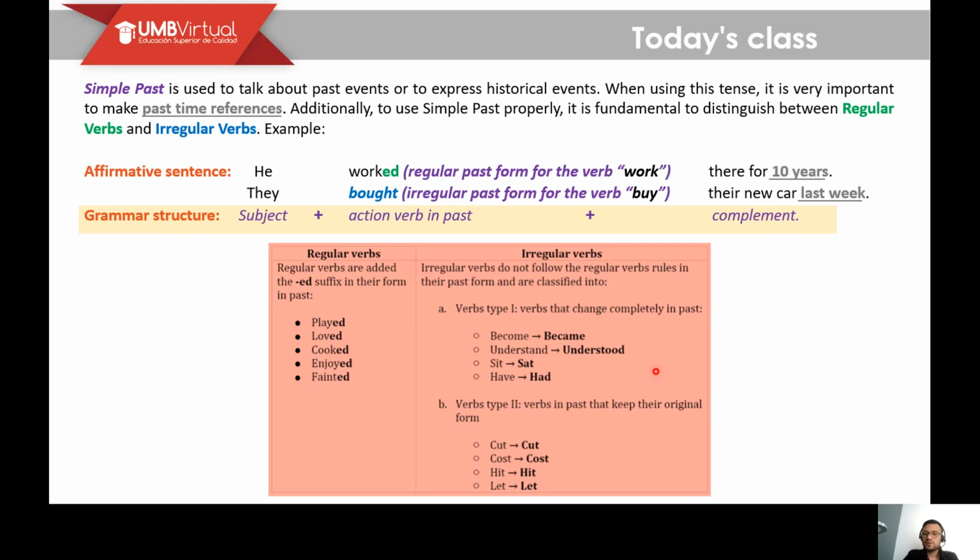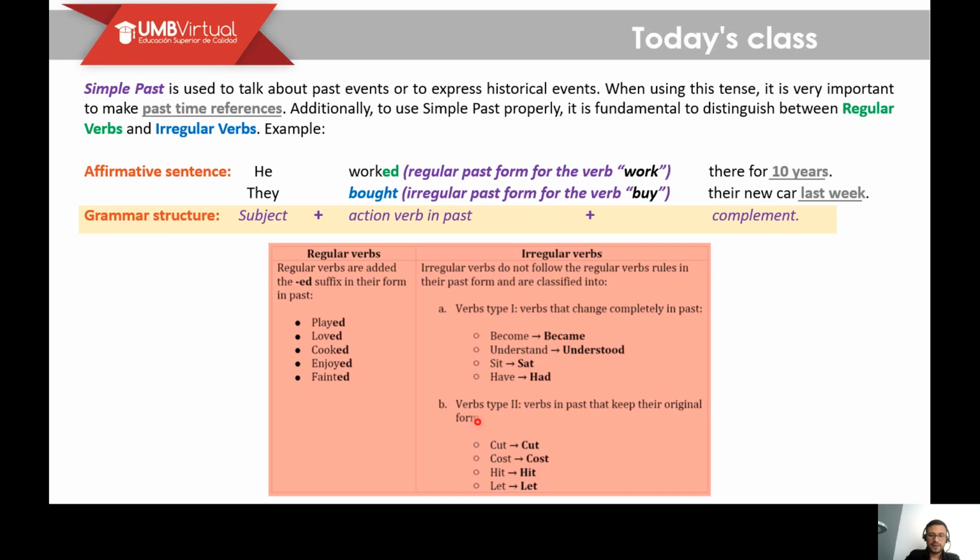But the irregulars, we have a subdivision. Type 1, you need to change completely the form in past. The conjugation in past is like this. The good news is that in past, you only have one conjugation for all the verbs, except for the verb to be. That is a different situation.